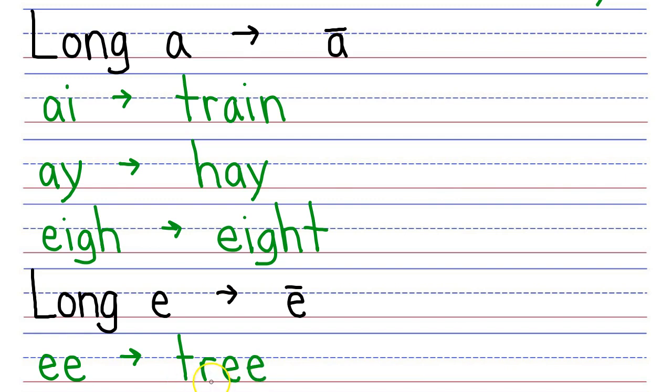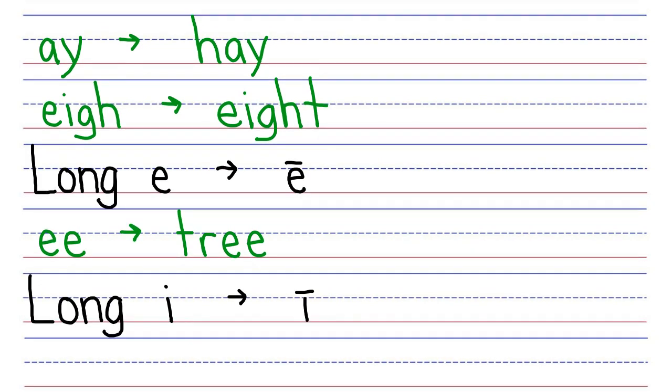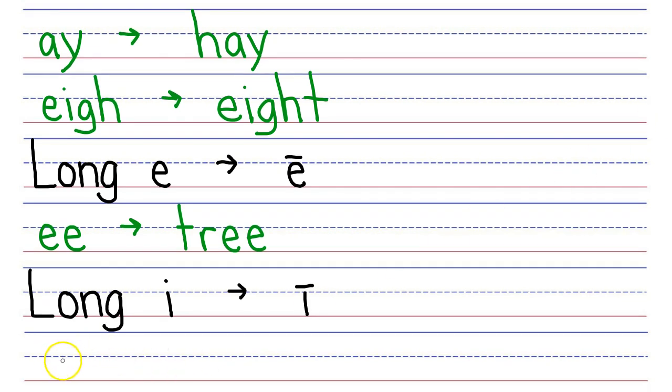T says T, R says R, double E says E. Now let's look at long I. Can you think of a multi-letter vowel phonogram that makes the long I sound? The one we have learned is I-G-H, 3-letter long I, as in night. IGH says I, and T says T.